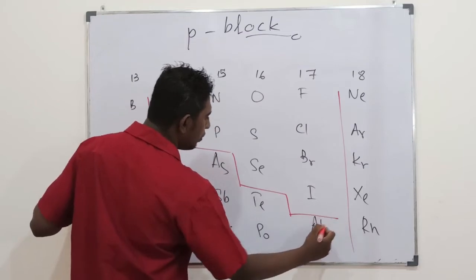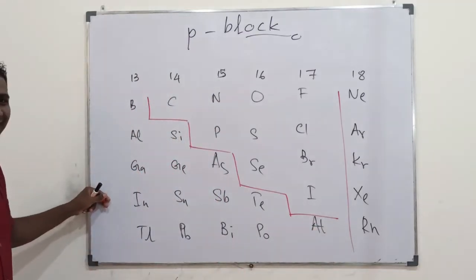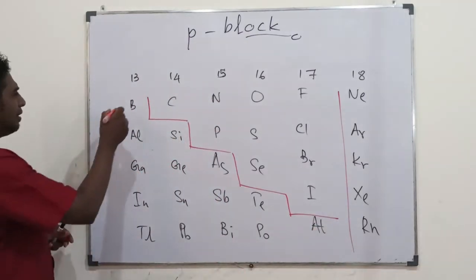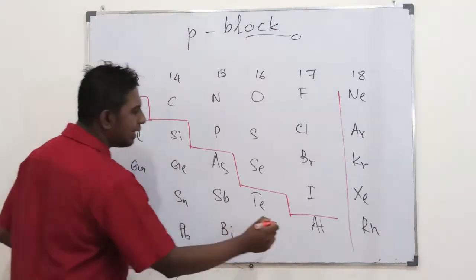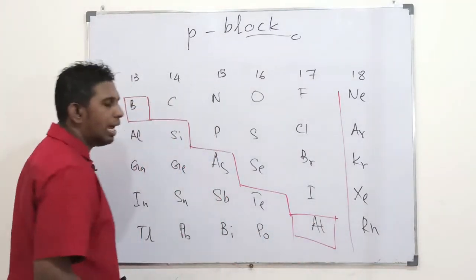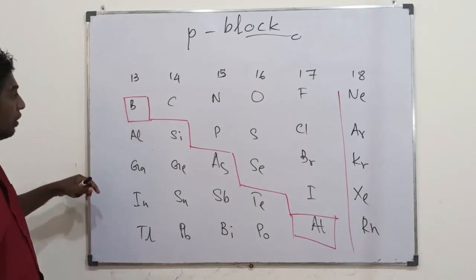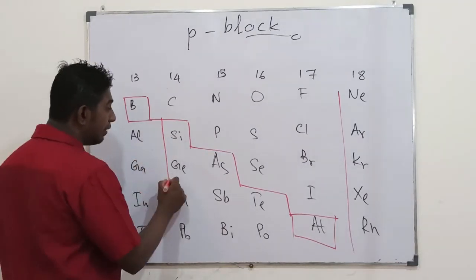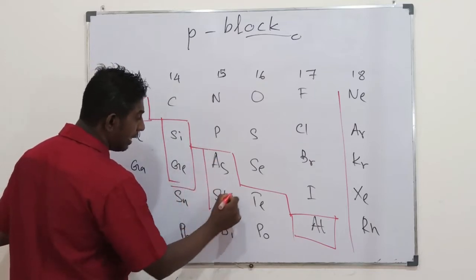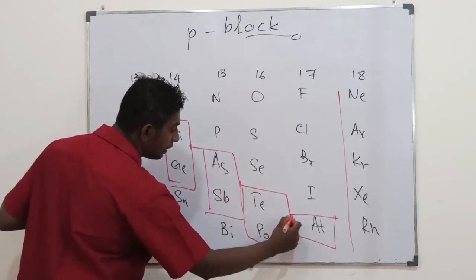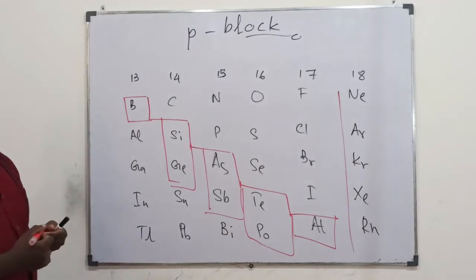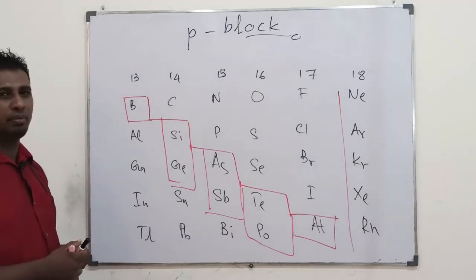If you draw such a staircase, then the first element and the last element are metalloids, and the other couples are metalloids. These are the metalloids you formed.